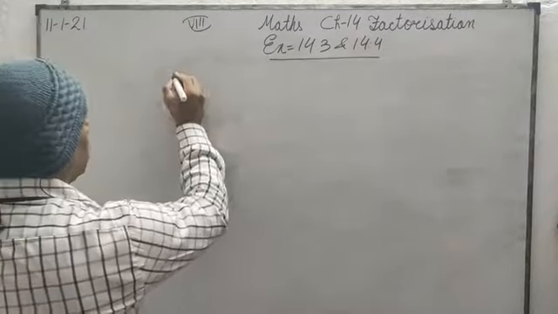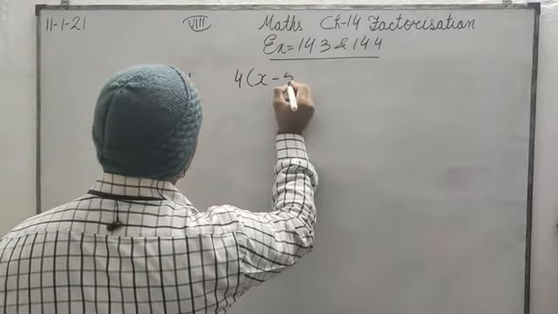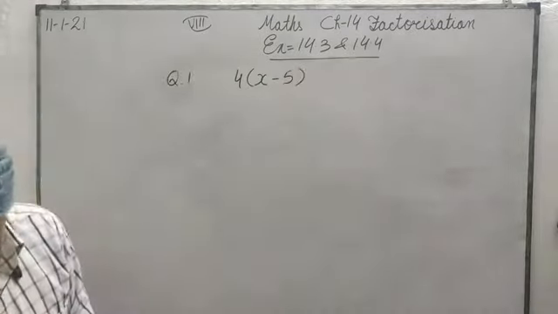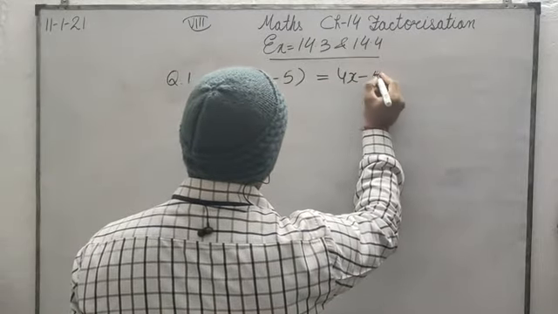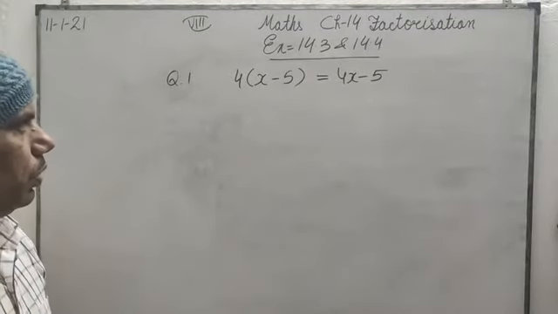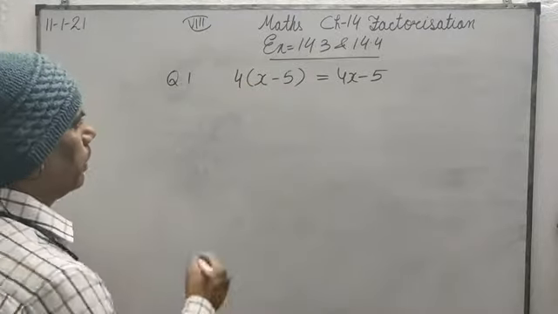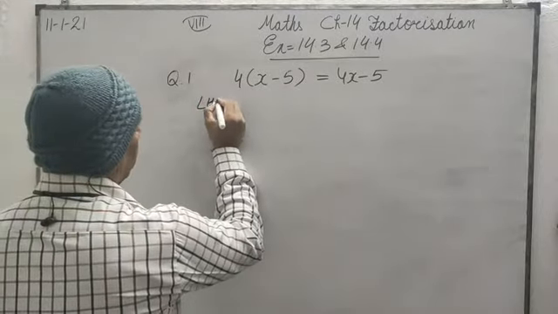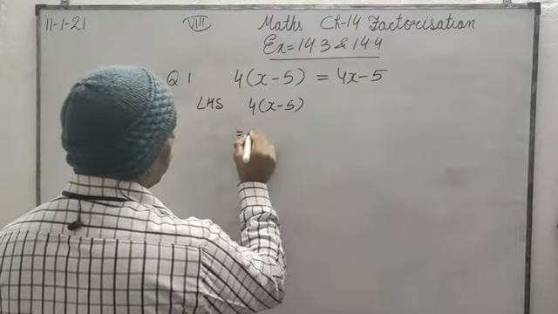Okay. Question number 1. What he is saying, if 4(x minus 5) is there, its answer will be 4x minus 5. The left hand side is not equal to the right hand side. If you solve it, you will find out. On the left hand side we are solving 4 into (x minus 5).